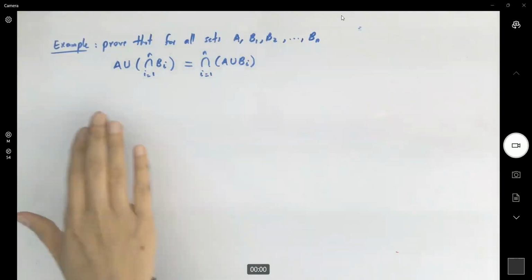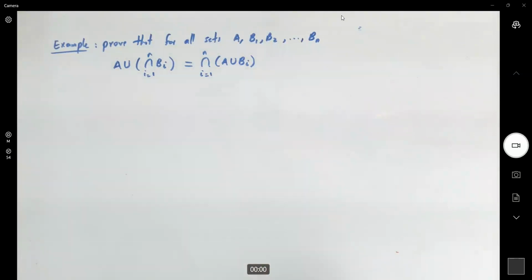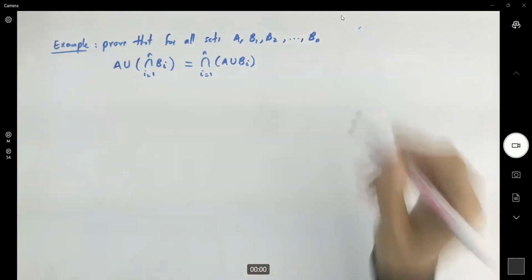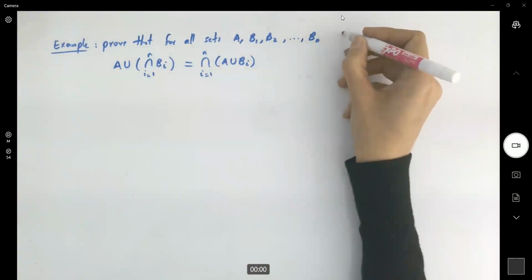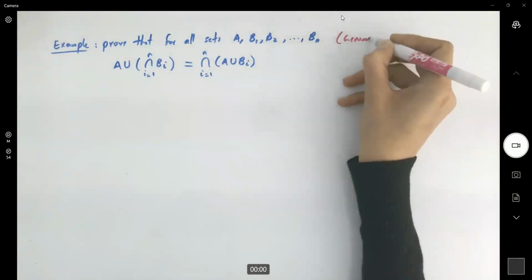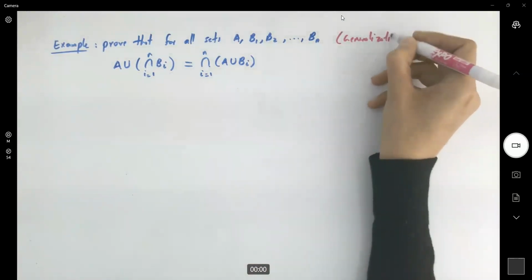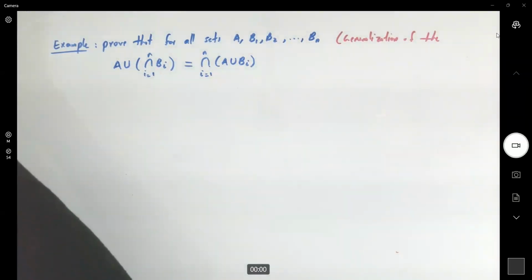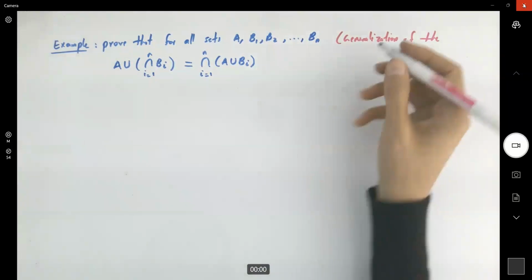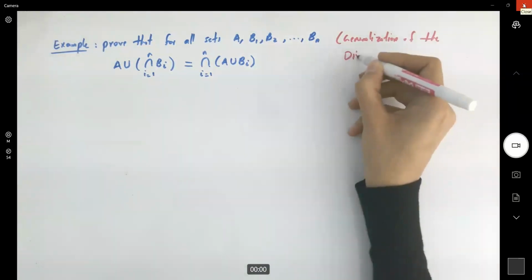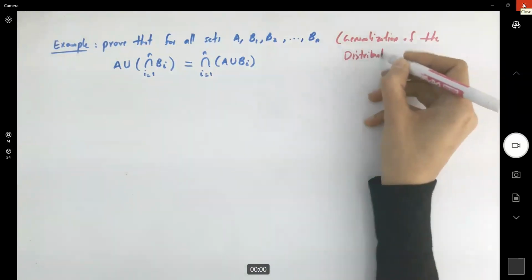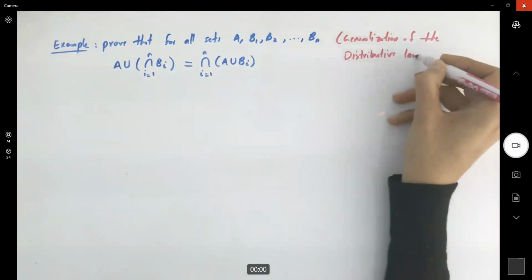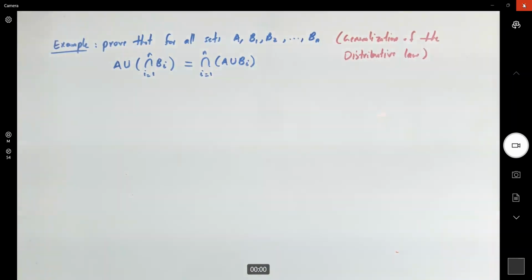This is the generalization of the distributive law. Very good. So how do we prove that?